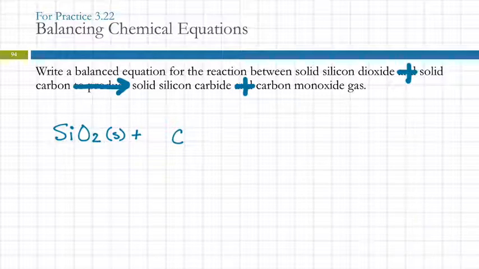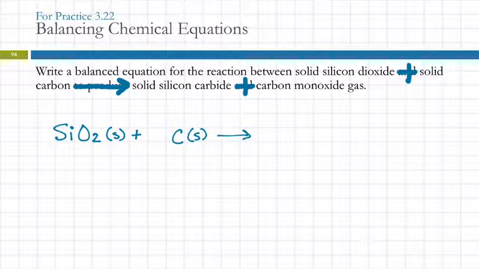C is the symbol for carbon. Now that's an element, so we have to ask ourselves, is it one of the 7 diatomic elements? No, it isn't, so we just leave it alone. If it was a diatomic, then we'd need to write a 2 after it. This is also a solid, so we put an (s). And then we've got the arrow.